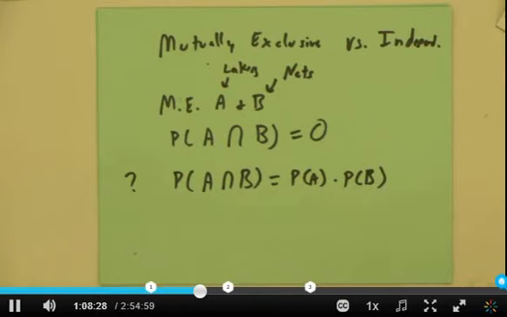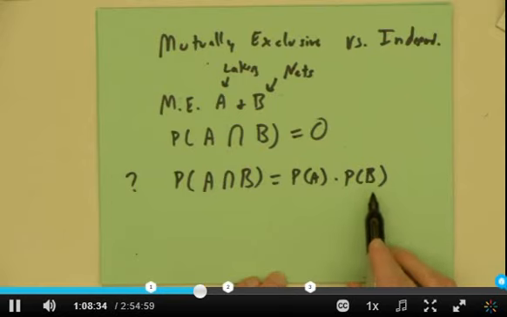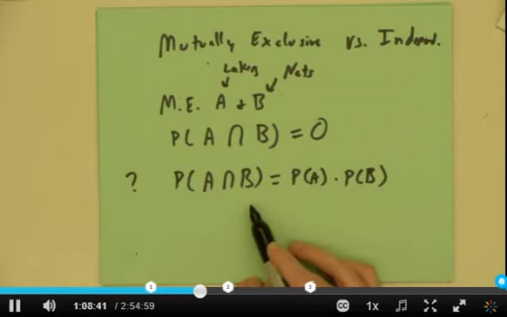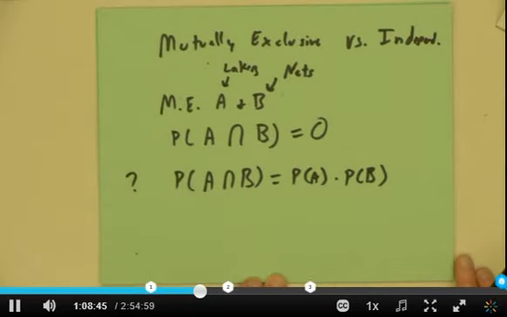No. Right, it's not the case. With the numbers I gave you before, the Lakers have a 25% chance. The Nets have a 10% chance. This product would be a 2.5% chance. So there's a 2.5% chance that they both win. No, that's completely off the wall. That's not possible. So by this definition, not independent.